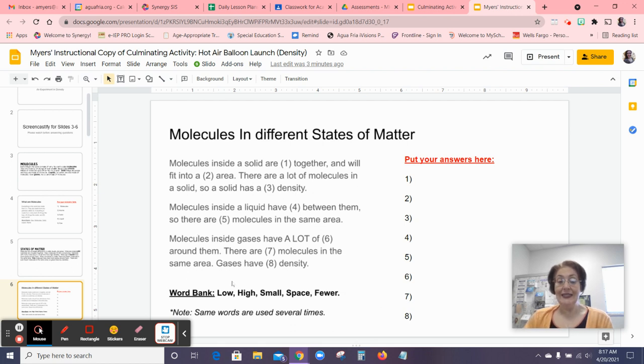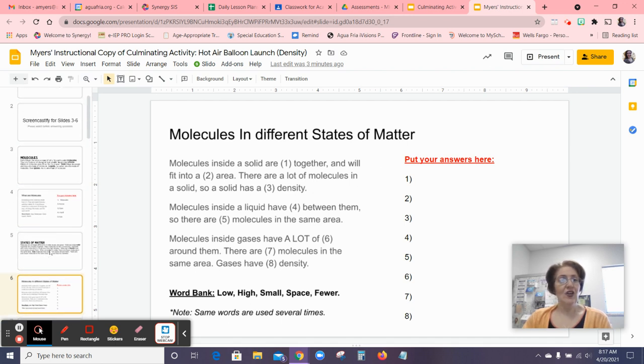Molecules inside gases have a lot of blank around them. There are blank molecules in the same area, and gases have blank densities. So we have words such as low, high, small, space, and fewer. Those are your choices, and remember, you're going to use the same words several times.